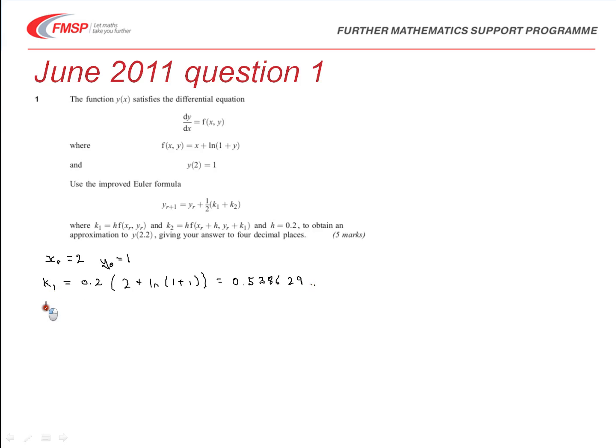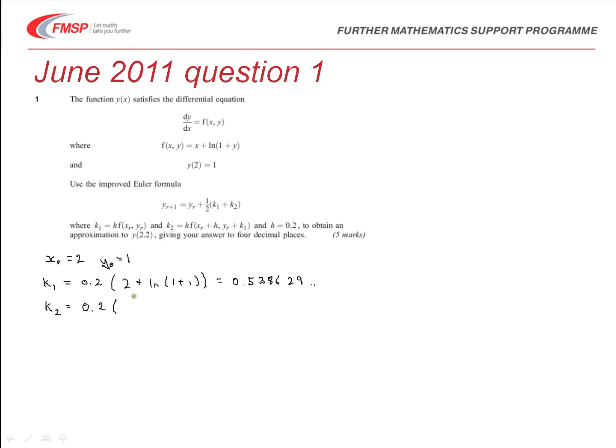So in order to calculate k2, we know it's given by h times the gradient function at our new coordinate. So h is 0.2, and again our gradient function is given by x plus ln of 1 plus y.